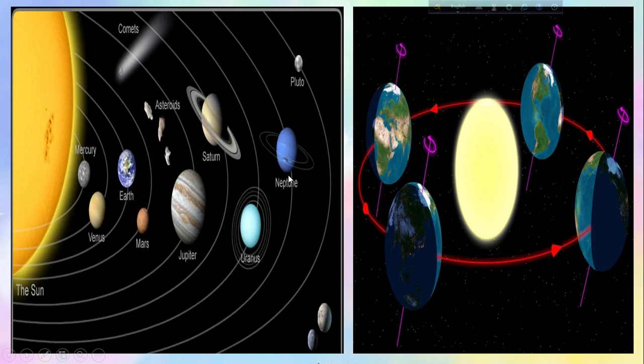Some more luminaries, heavenly bodies, comets and asteroids, also revolve. All these moving luminaries and the huge space centering the sun are called our solar system.